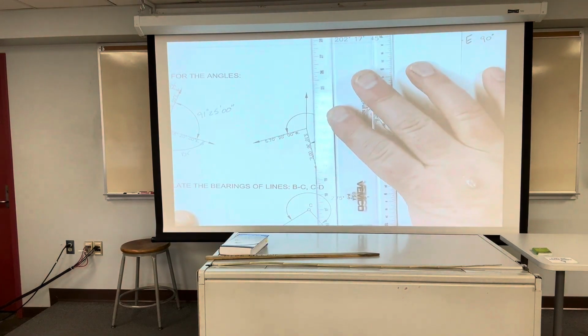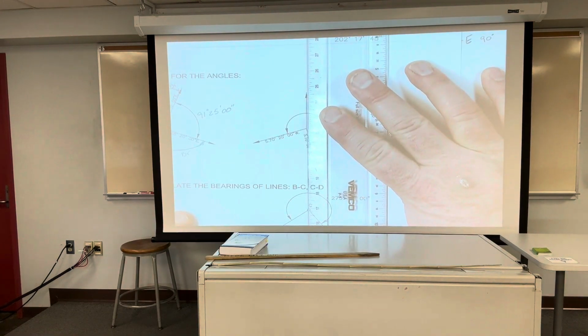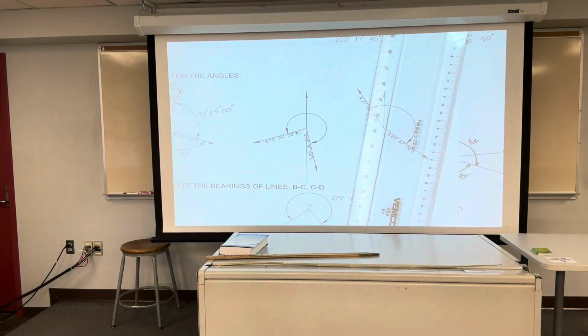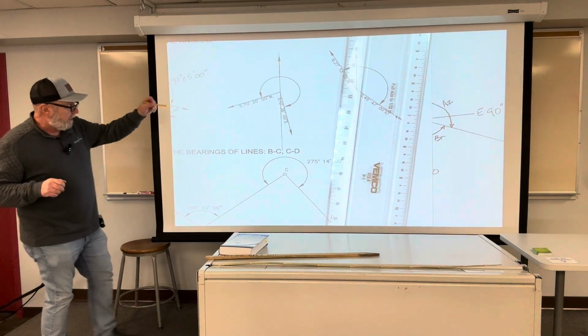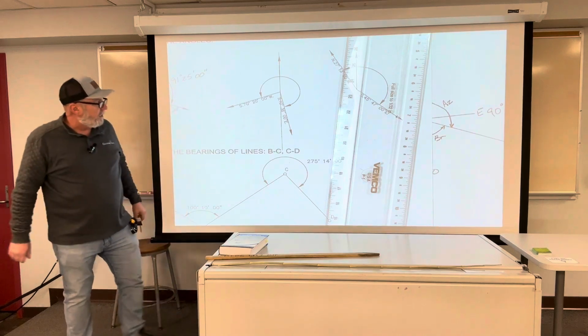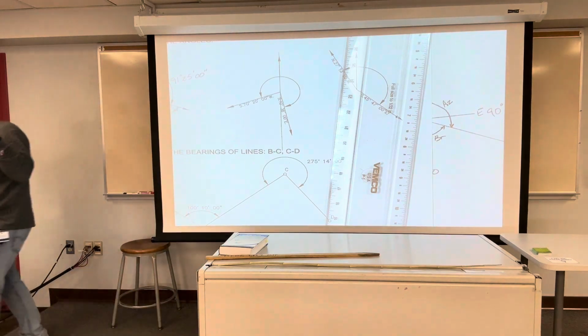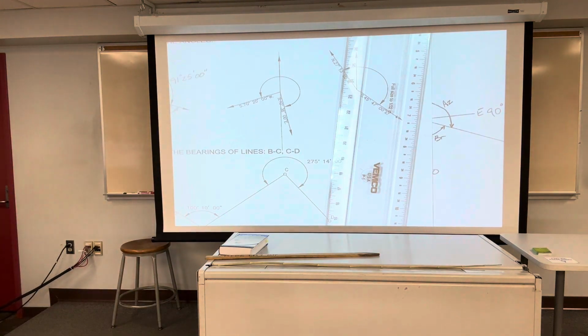How about this other one here? This looks hard. Hard for a non-surveying commoner, maybe, not us. So again, I just extended that north-south line. What information do I have here? What do I know? I have two bearings, a southeast bearing and a southwest bearing.